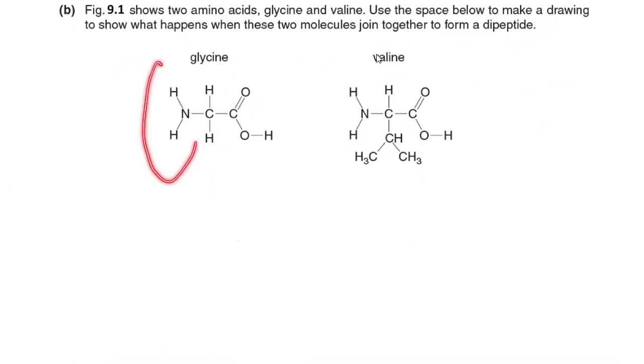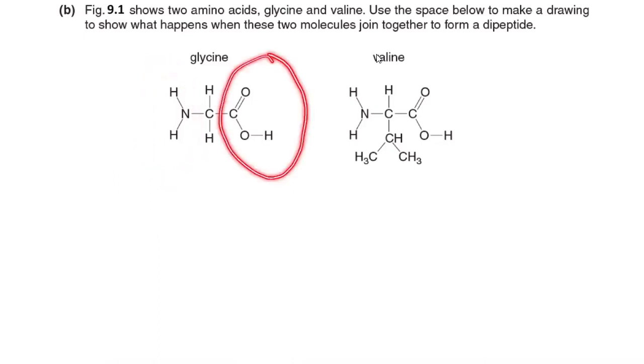What is this? Miss, it's the amide group. What is this? It's the carboxylic group. What is this? Miss, it's the hydrogen atom.